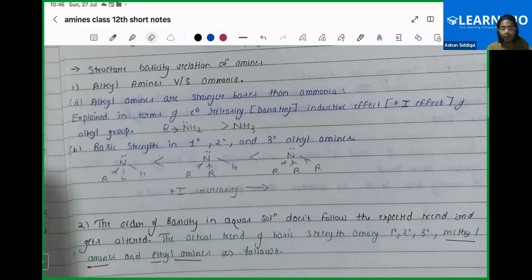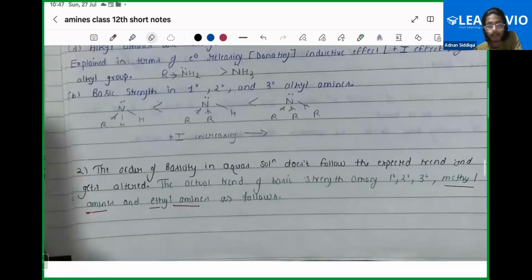But this order that we have observed is only for the gaseous state. While you are considering ammonia and the respective amines in gaseous state, you will say this order is correct. But what if, and from here they are going to ask questions, you transfer this ammonia and amines into an aqueous solution?